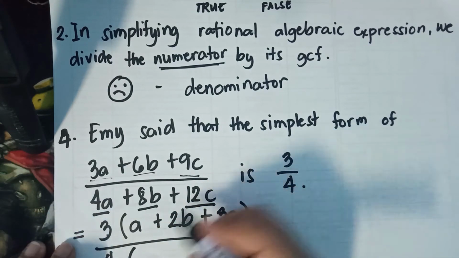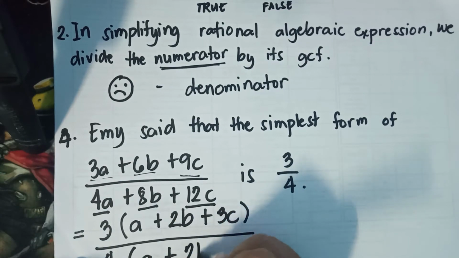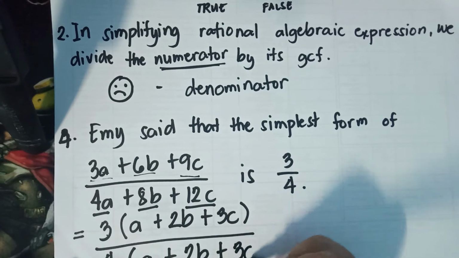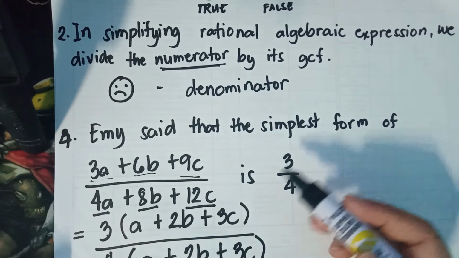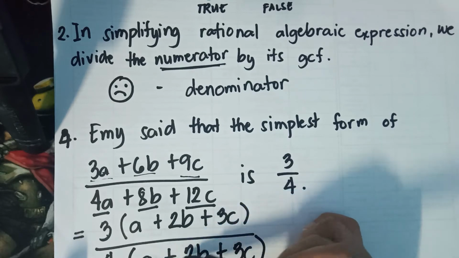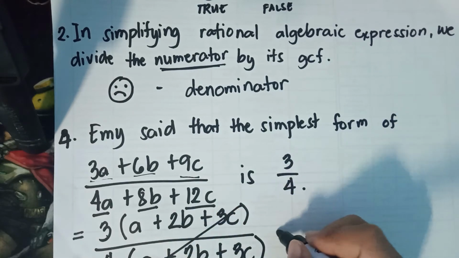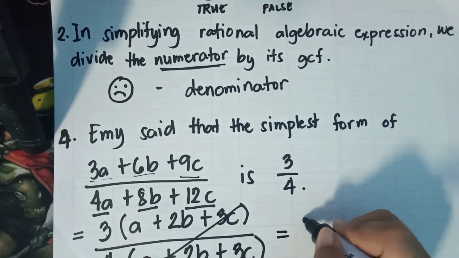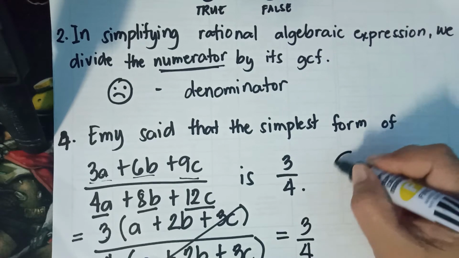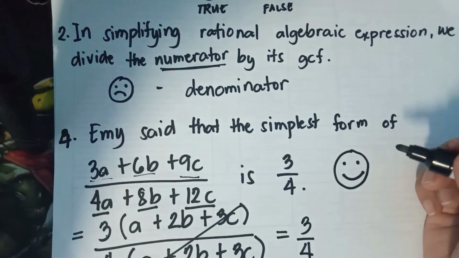Next, 4a divided by 4, we have a, plus 8b divided by 4, that is 2b, plus 12c divided by 4, that is 3c. Now, as we can see, a plus 2b plus 3c is a trinomial, the same with a plus 2b plus 3c, which is also a trinomial, then we can cancel out. Then the answer is 3/4. Since our final answer is 3/4, your answer is a smiley, which is true.